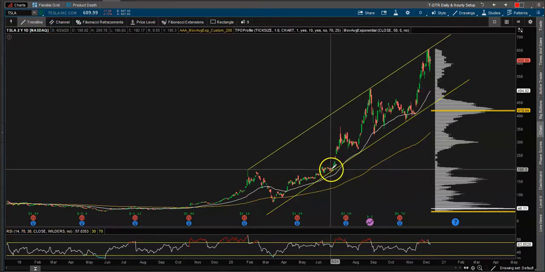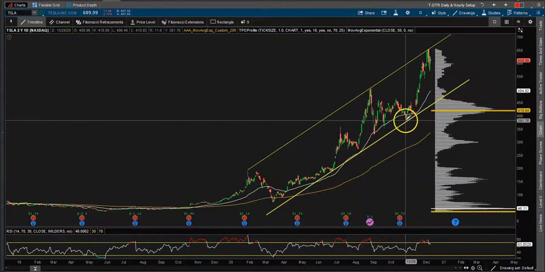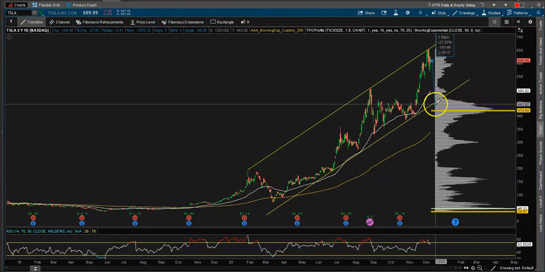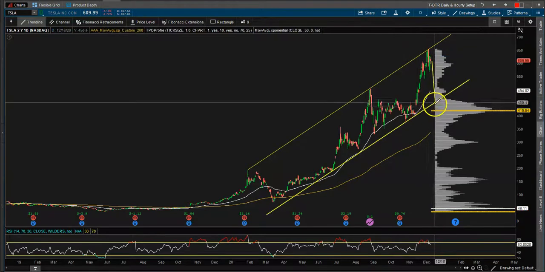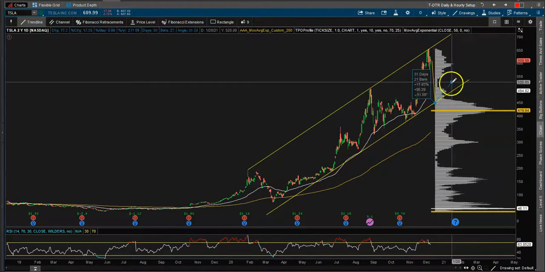And I'd say here, because we bounced off here, pulled back, bounced off here, bounced off here. So if price comes all the way back down, I'd be looking at this level maybe for a potential long too. So I'm trying to show you different ways of how you can get long and then play it from there.